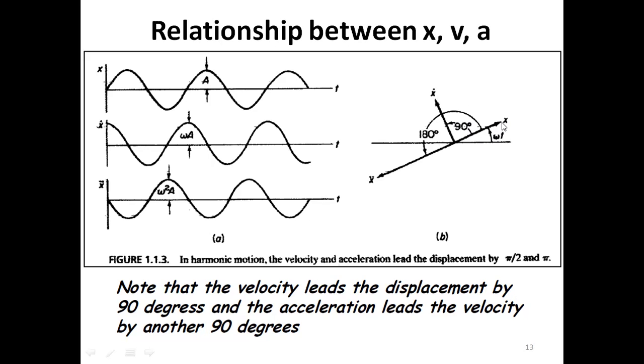And the phase angle between the displacement and acceleration is 180 degrees. Note that the velocity leads the displacement by 90 degrees, and the acceleration leads the velocity by another 90 degrees, or the acceleration is leading the displacement by 180 degrees.